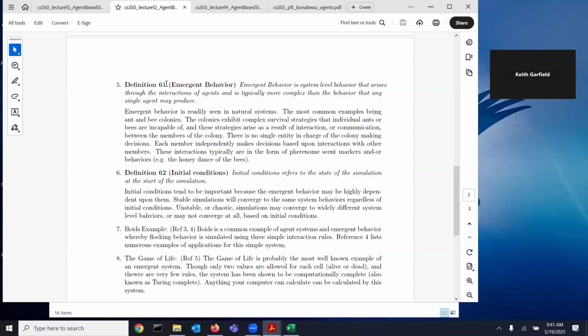Now, having said that, once you set up the initial conditions and start the simulation progressing, because you have agents in there and agents are decision makers, and generally you're going to create agents that are not fully deterministic in their decision making, meaning there's going to be some randomness in there, you can start out with the same initial conditions and run your simulation 2 times and get different results.